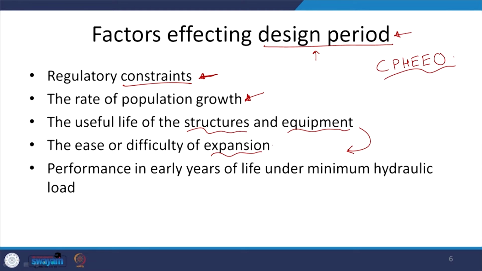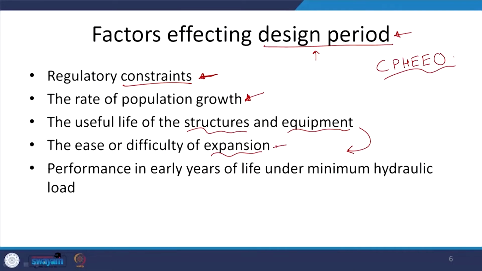In general, in India, it is difficult to expand. Earlier, or even now, we still try to have the water treatment plants outside the city, but with the rapid growth in and around the cities, now we have water treatment plants and even sewage treatment plants within the cities. So again, these are aspects that we need to consider. Why? Expansion, due to lack of land or related aspects, is going to be an issue.